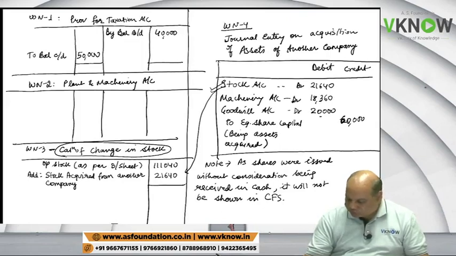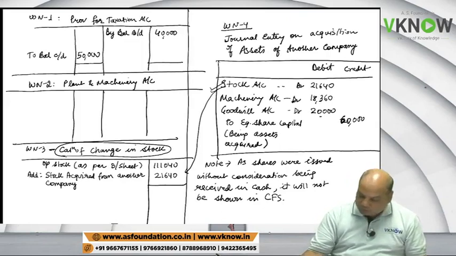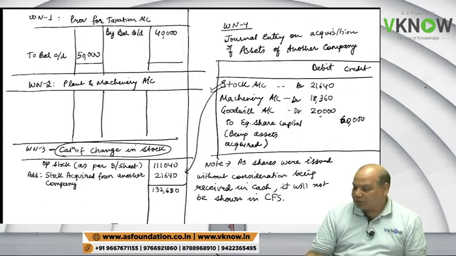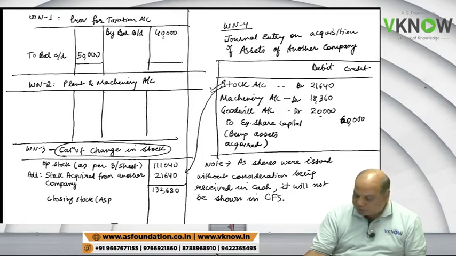Draw one line, take the total: 132,680. And then you write down closing stock, closing stock as per balance sheet.